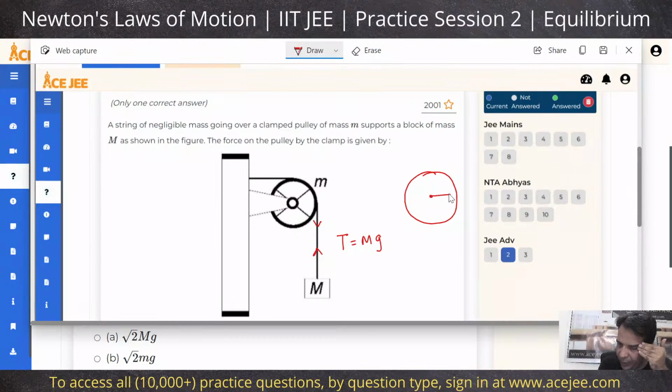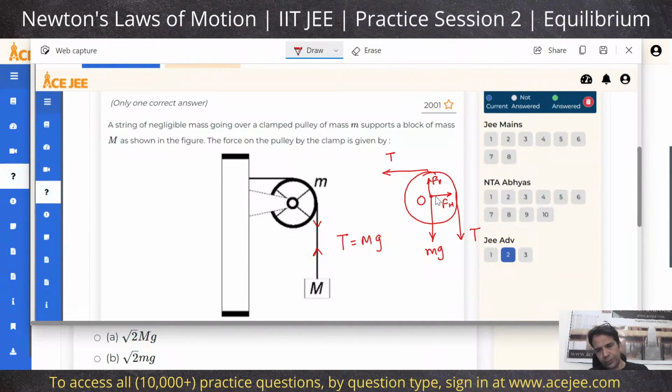These are the reaction forces, this force and this force, let's say F vertical, F horizontal. These are the reaction forces acted upon by the clamp on the pulley, which is what we have to find out. Now, this is the small mg. Besides that, you have tension T, you have tension T. Let me call this center O.